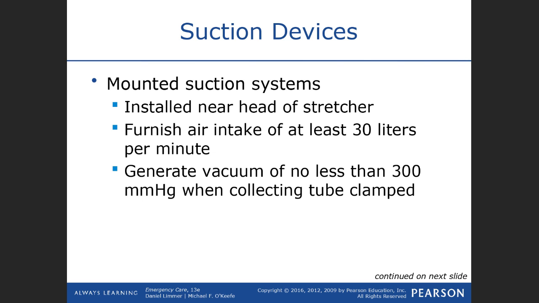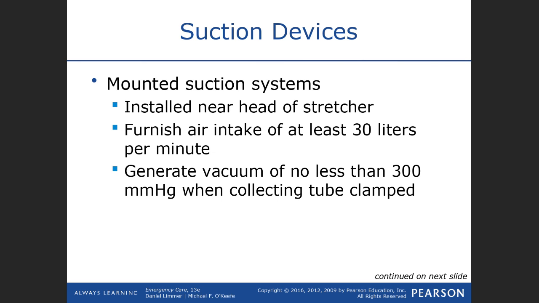The mounted suction systems installed near the head of the stretcher furnish air intake of at least 30 liters per minute, and generate a vacuum pressure of no less than 300 millimeters of mercury when the collecting tube is clamped.